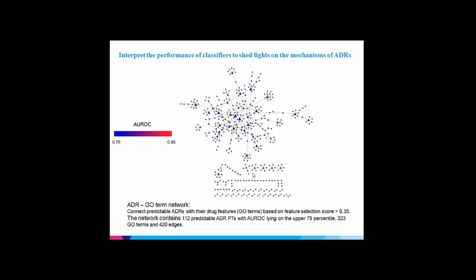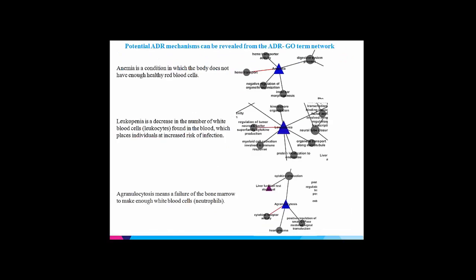In this network ADRs are triangles and GO terms are those circles, and in this network we can recover some known ADR and GO term connections, and here are a few examples. So you can see anemia here is associated with heme transport and heme transporter activities.